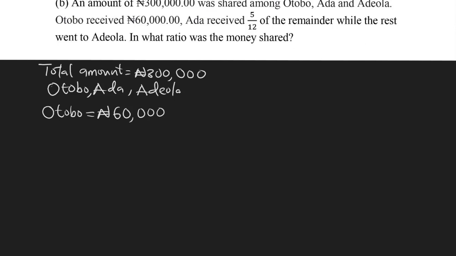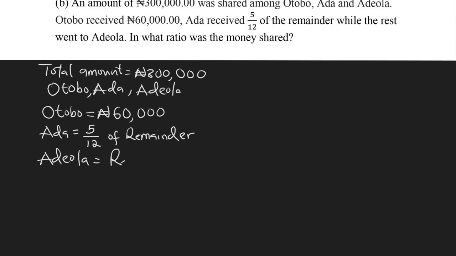So we know that Ada is 5 over 12 of the remainder, and the rest is for Adiola. So Adiola is equal to the rest. So the first thing to do is for us to get the remainder, because we want to get Ada's share. If we get Ada's share and remove it, then the rest will be that of Adiola.